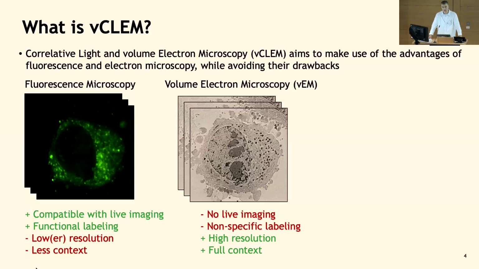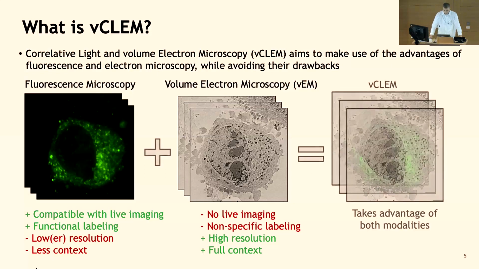However, electron microscopy does address some of the limitations associated with fluorescence microscopy, as it's able to achieve orders of magnitude higher resolution, whilst revealing the underlying biological context. So we can harness the benefits of both modalities to capture high-resolution images whilst retaining the functional labeling to verify what we are seeing.